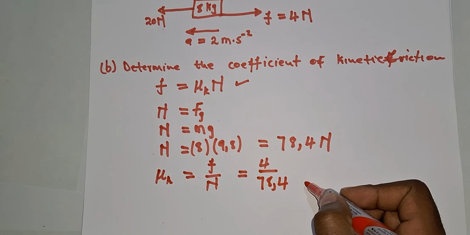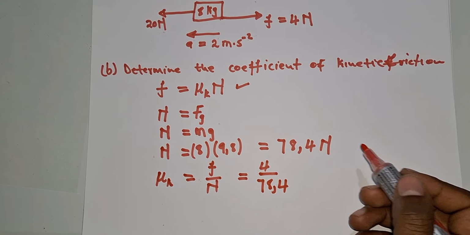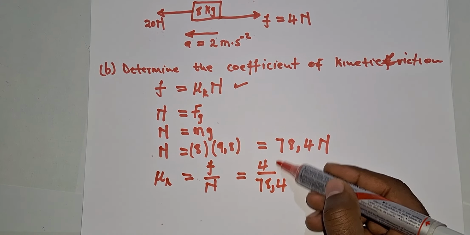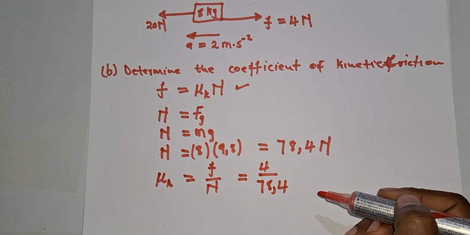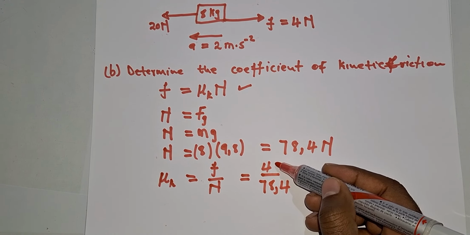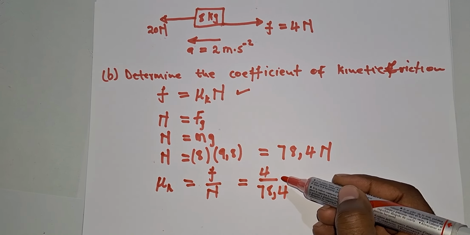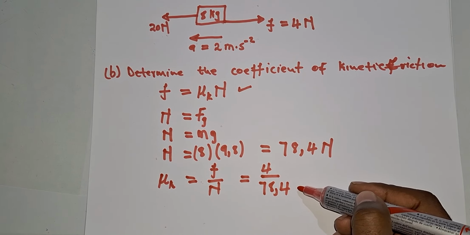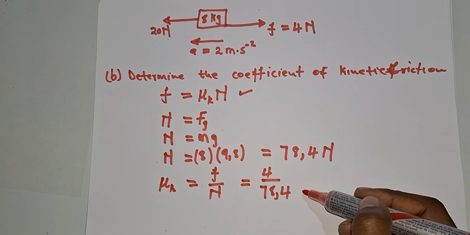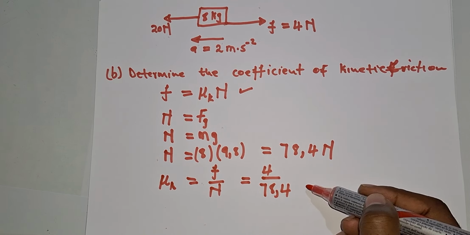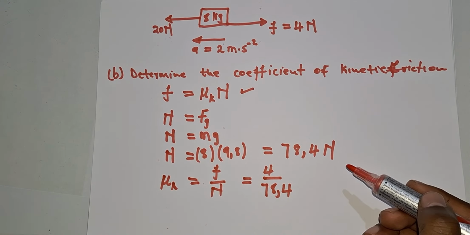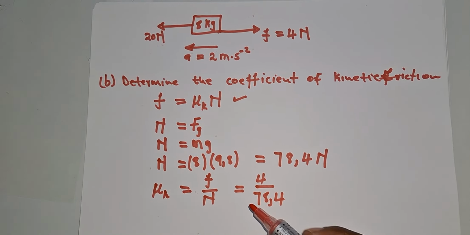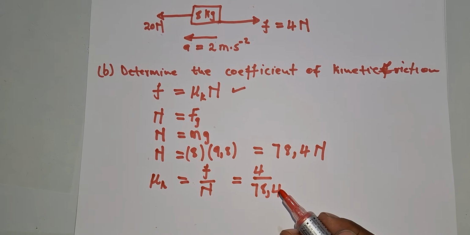78.4 newtons. If you notice, the numerator has a unit of 4 newtons, which is a force, and also the denominator has a unit of newtons. So the newtons will cancel each other, which means the value that we get here is going to be just a value without units.